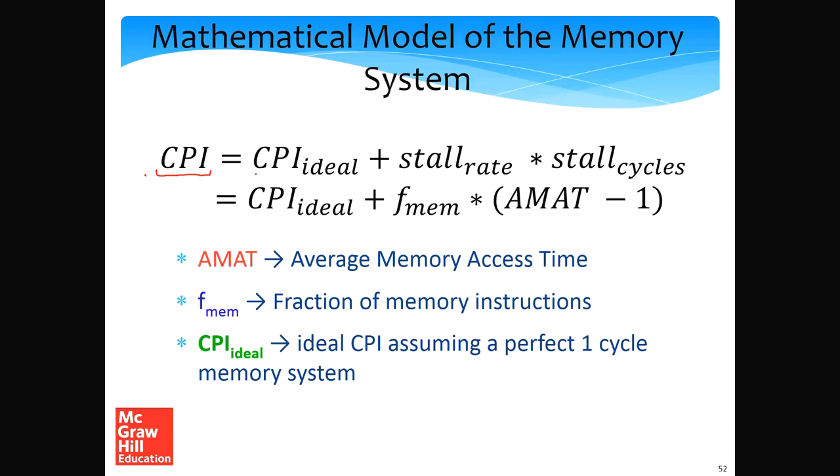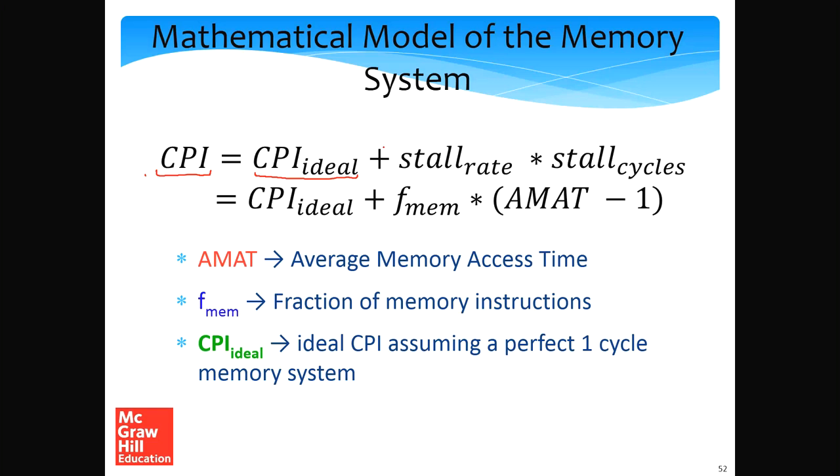Let the stall rate be the number of stalls that we have per instruction. For example, if for every 10 instructions, one of the instructions stalls, then the stall rate is 1 in 10. And let stall cycles be the number of cycles that we waste because of the stall.